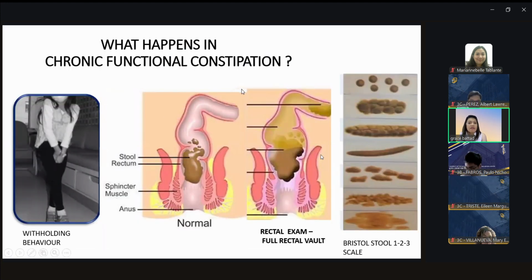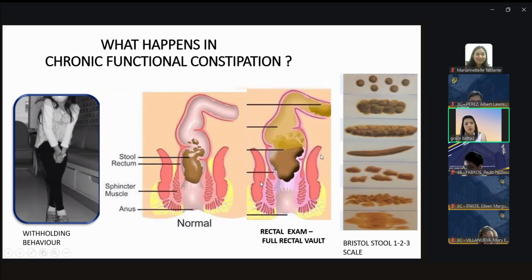So, what is happening in functional constipation? When the older child starts to withhold their stooling, the rectum becomes overly distended so that it can accommodate the bigger stools, until a certain point when it becomes an overstretched rectum.